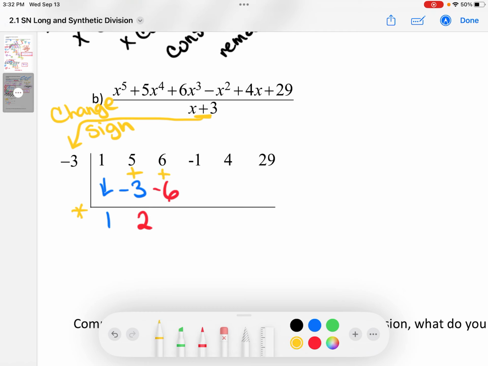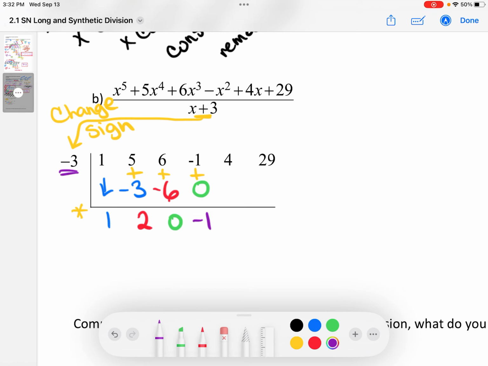And then we add that column. Happens to give us a 0. That's totally allowed. Then we multiply -3 by 0. We get 0. Again, 0 is a real number. It's allowed. And when we add here, we get -1.